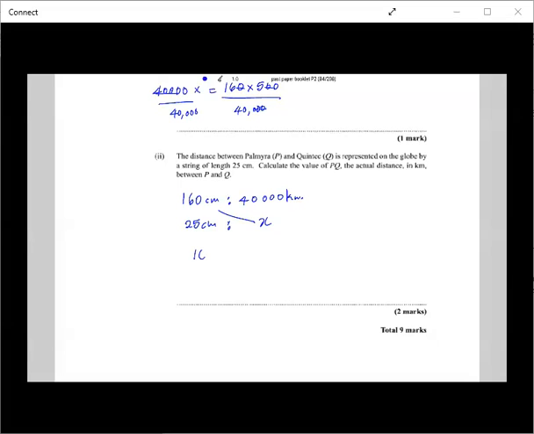This is 160X is equal to 25 times 40,000. Divide both sides by 160. So therefore, X would be equal to, 0 cancels 0, 4,000 divided by 16. Sorry, let's use the calculator.